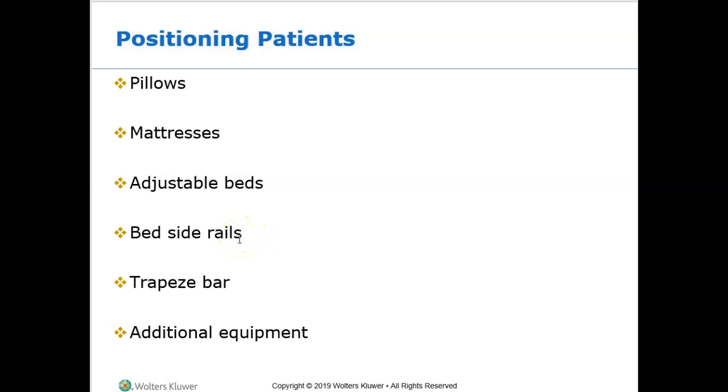Two is standard, the top two. Sometimes we'll use three, never four. That's a restraint. Trapeze bar is just what it sounds like. It's a triangular shaped bar that is installed into the ceiling for patients that are able to move themselves by grabbing that bar and pulling themselves up. And, you know, there's other equipment out there too.